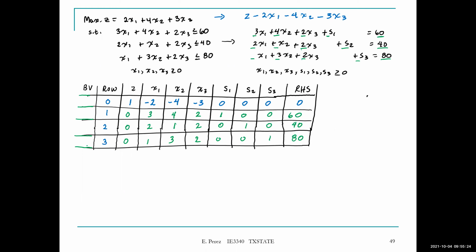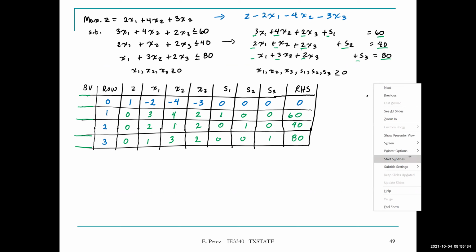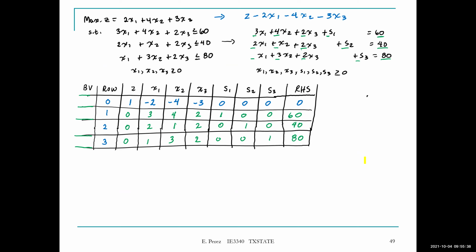The easiest way for you to find out what the basic variables are, you have to find that identity matrix in your table. Right, so let me highlight the identity matrix. So you have first column here, second column here, third column here, and the fourth column there.